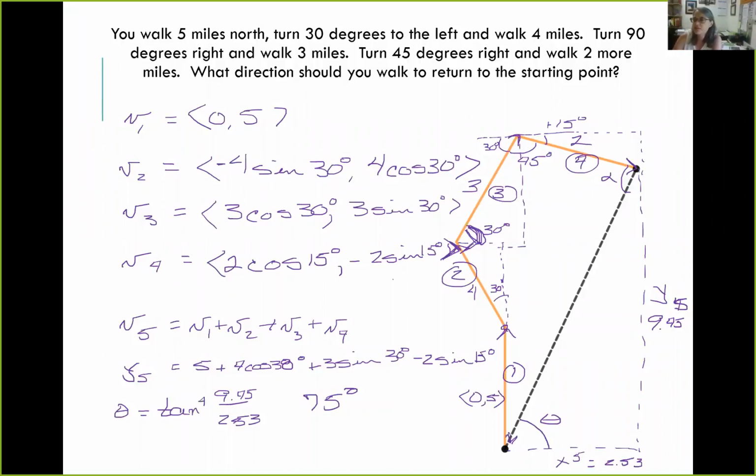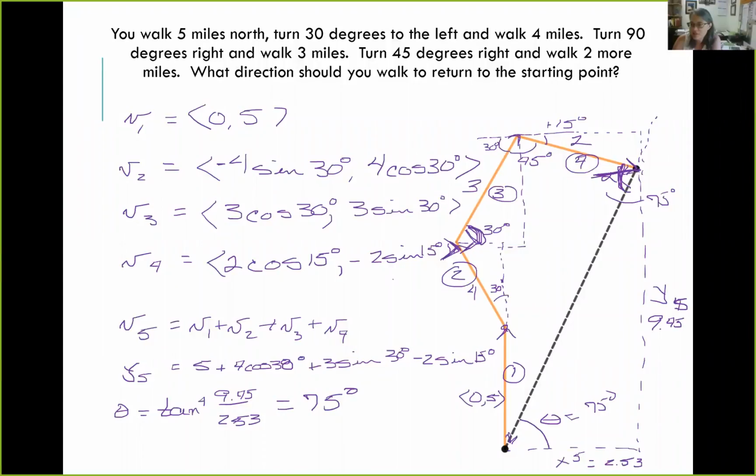Okay, so that's the angle with the horizontal, right? What do I really want? I really want this angle right here, yeah? Well, I can do that. If this is 75 degrees down here, means if I pull this thing all the way out and I break this apart, so this angle with the horizontal is 75 degrees.